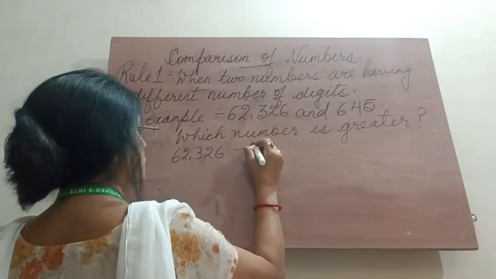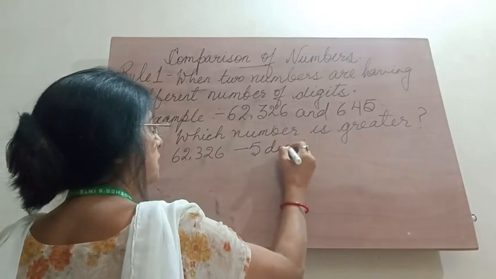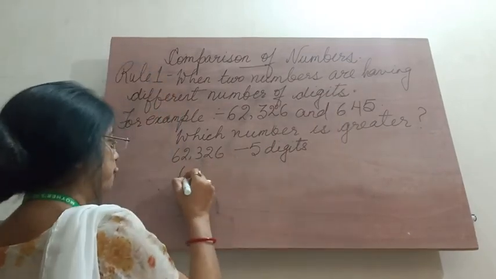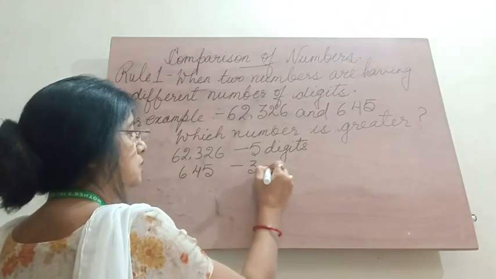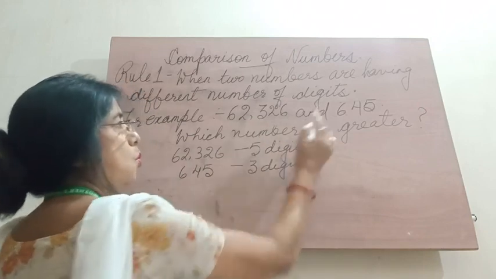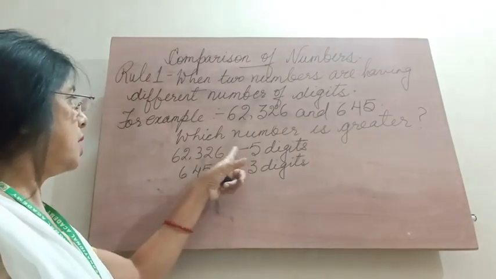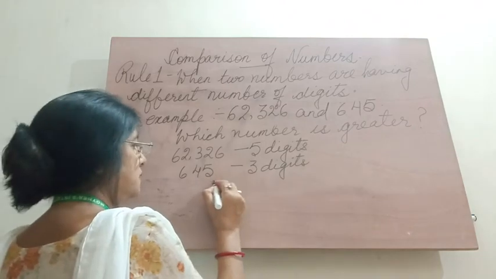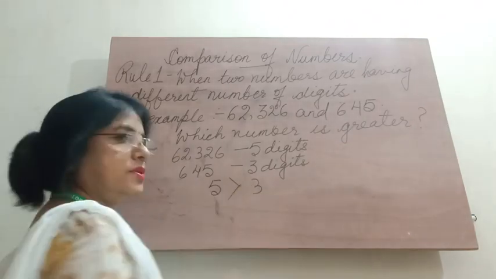So 62,326 is having 5 digits, whereas 645 is having 3 digits. 1, 2 and 3. So one number is having 5 digits, another number is having 3 digits. Which one is greater? 5 or 3? Obviously 5 is greater.